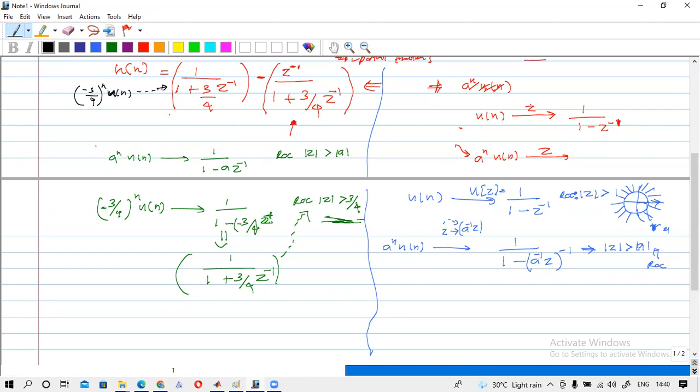So this is the Z transform of this part. Now we have to find the Z transform of this part. So how to find that part?